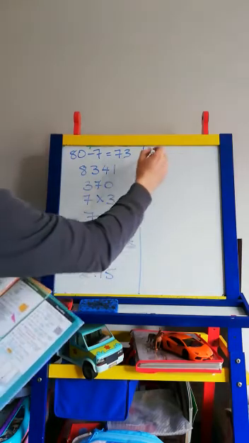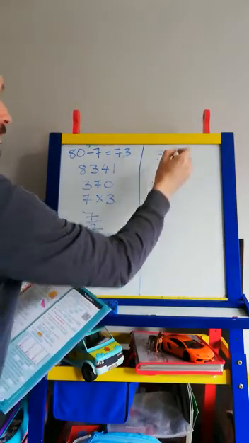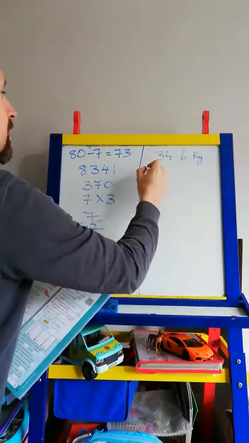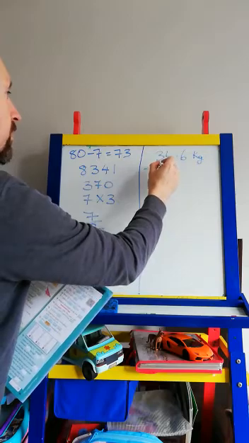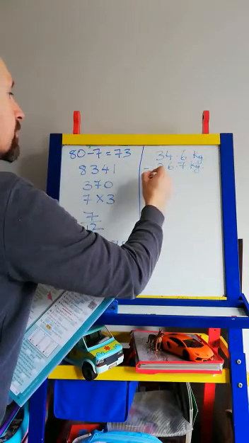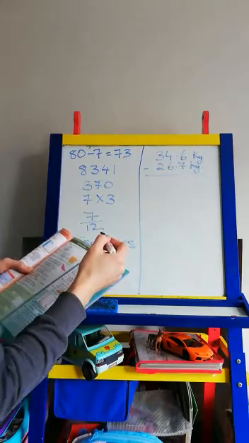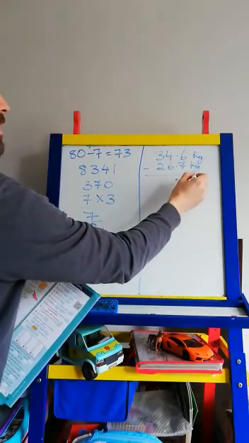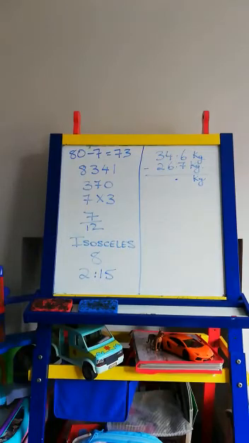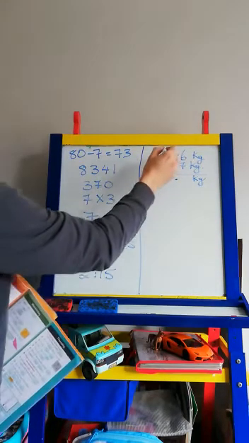So we'll do that out as a sum very quickly. 34.6 kilograms, and we're taking away 26.7 kilograms. We'll put in our decimal point and our unit of measurement first. 6 take away 7 you cannot do.